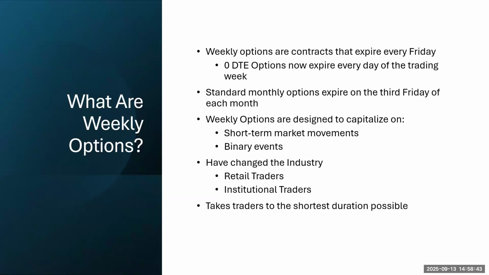And when weekly options started, that goes back to, I want to say around 2017, 2018, when some people say it was the Think or Swim guys who introduced them, but the Chicago Board Options Exchange, the CBOE, is really where they started them out.